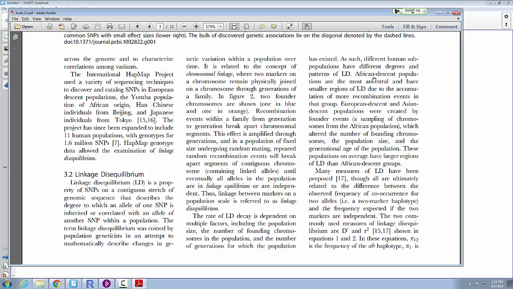African descent populations are the oldest, and because they've been subjected to these recombinations for so long, there's less linkage disequilibrium. There's less correlation between nearby SNPs. Whereas Europeans and Asians, being relatively younger populations, have more linkage disequilibrium.